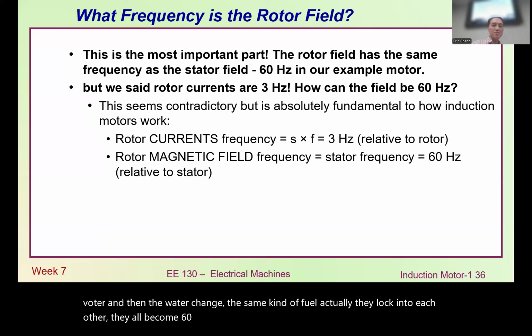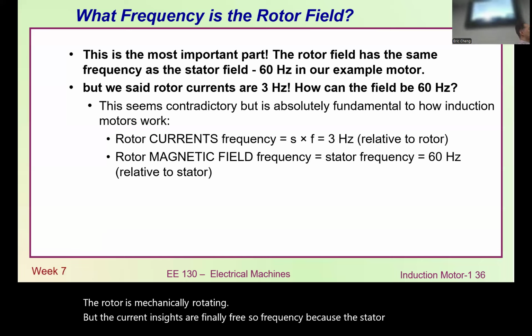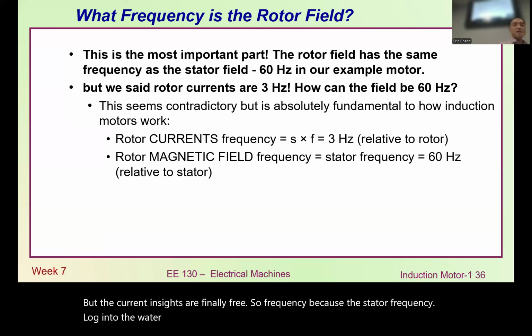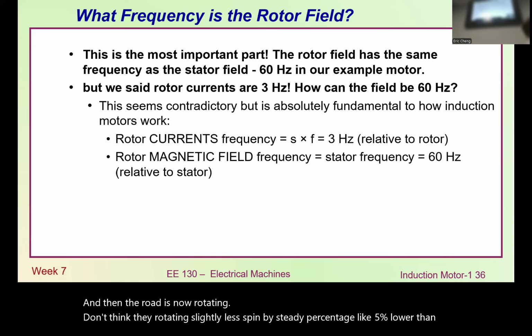Anyway, the rotor is mechanically rotating, but the current inside has a much lower frequency because the stator frequency is locking to the rotor field. The rotor is rotating at slightly less speed, by a percentage like 5%, lower than the stator field.